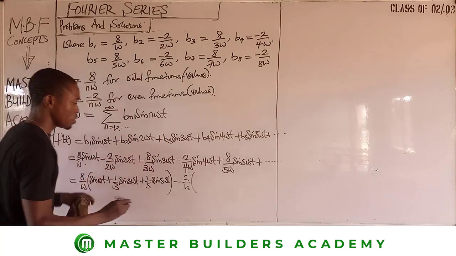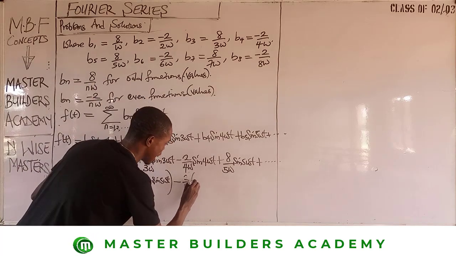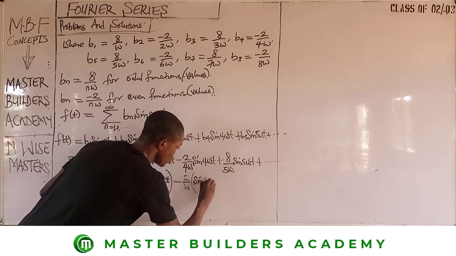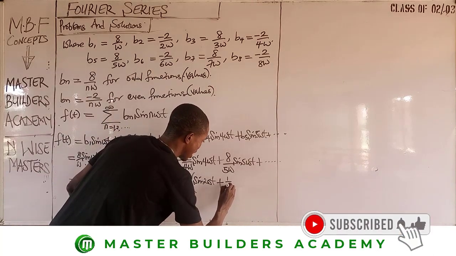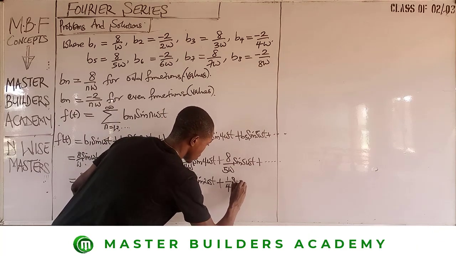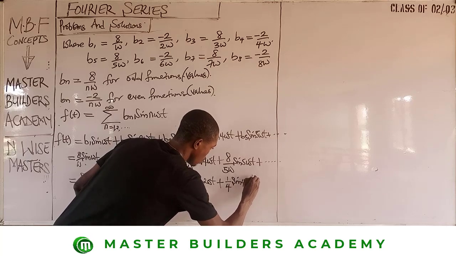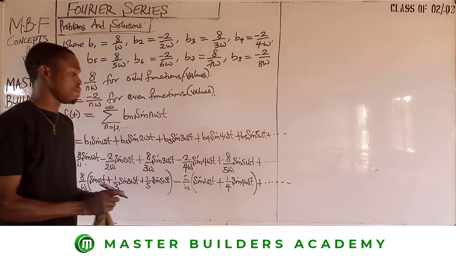If I remove 2 over omega here, I'll have sine 2 omega t, then plus 1 over 4 sine 4 omega t, then plus infinity.